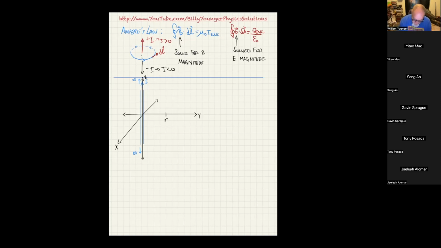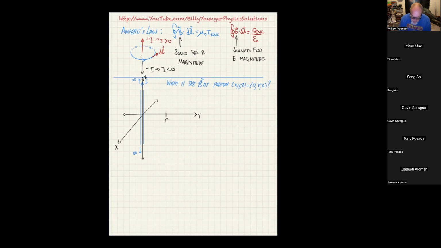So what I'm going to do is start off and say, here's the question: what is the magnetic field at position X, Y, Z equal to 0, R, 0?